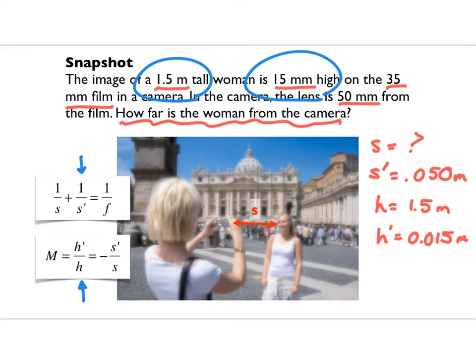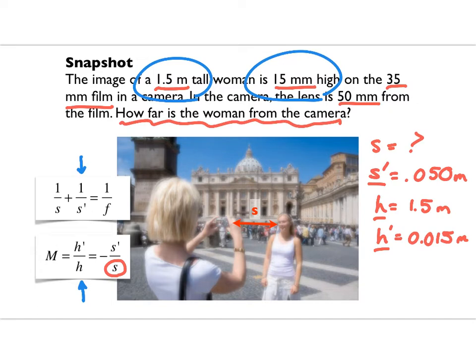The second one has got H, H prime, S, and S prime, and those are the variables that I'm working with over here. So basically, I can just say this: how far is the woman from the camera? That's S. That's what I'm looking for, and I know S prime, I know H, and I know H prime. I can put those together and I can solve for it.